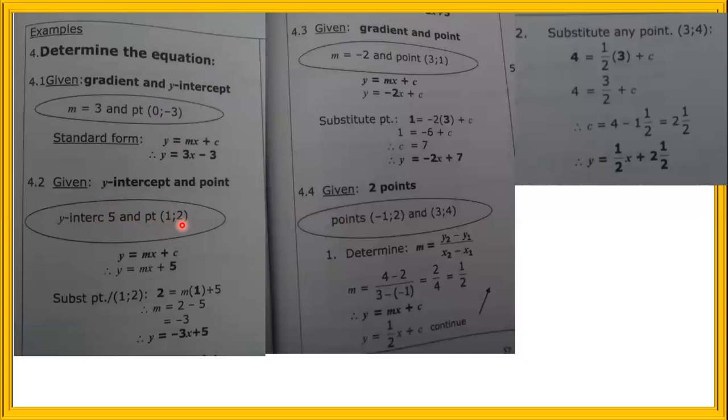Remember always that the standard form for a straight line is y is equal to mx plus c. So what do we know from that equation so far? We know that the y-intercept is 5. That's why we have plus 5 there.